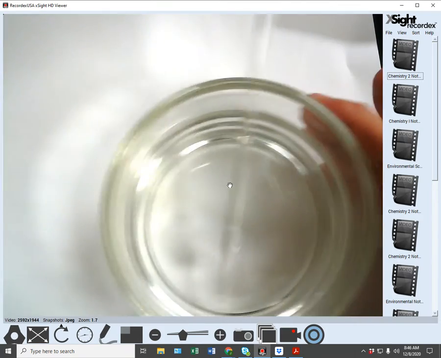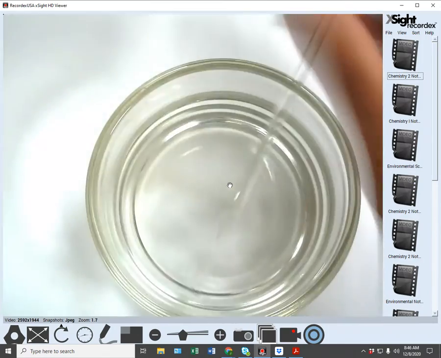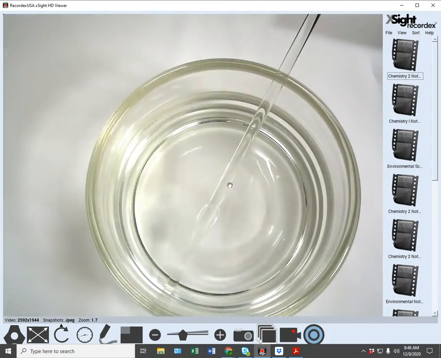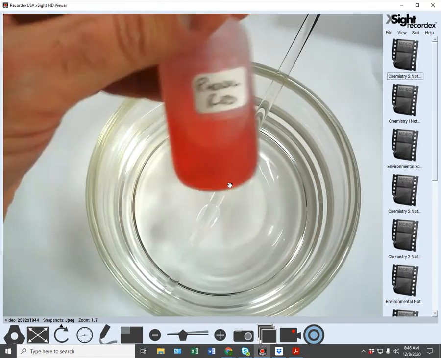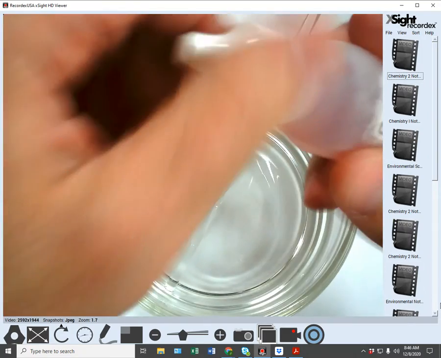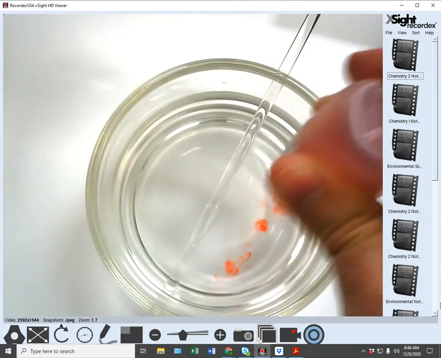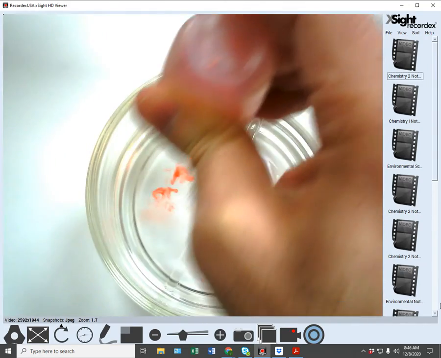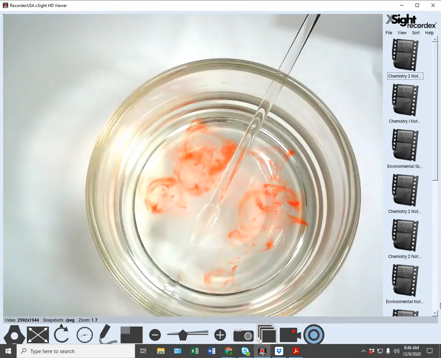Okay, so in here I just have distilled water right now. Okay, this is an acid base indicator called phenol red. Phenol red tells you if it's acidic or basic. So I'm going to drop some phenol red.